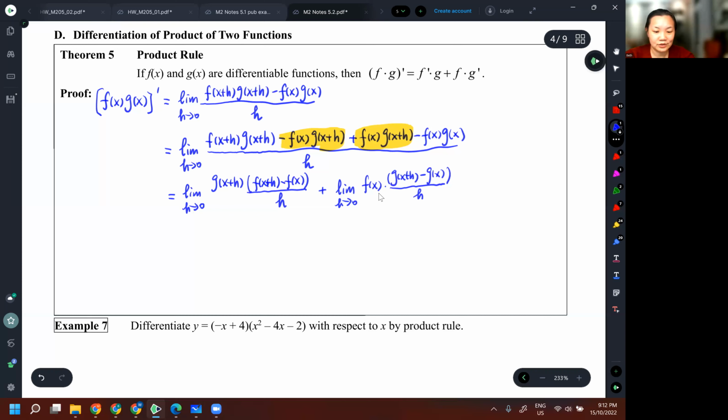Now I'm going to be even more ridiculous. This is g, and this is a limit. And this is take out f of x, limit.